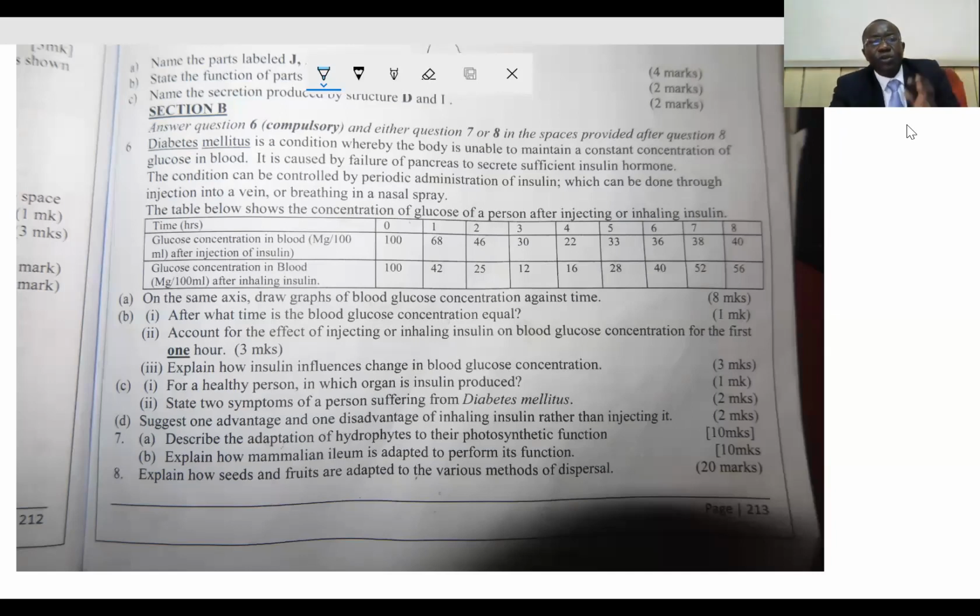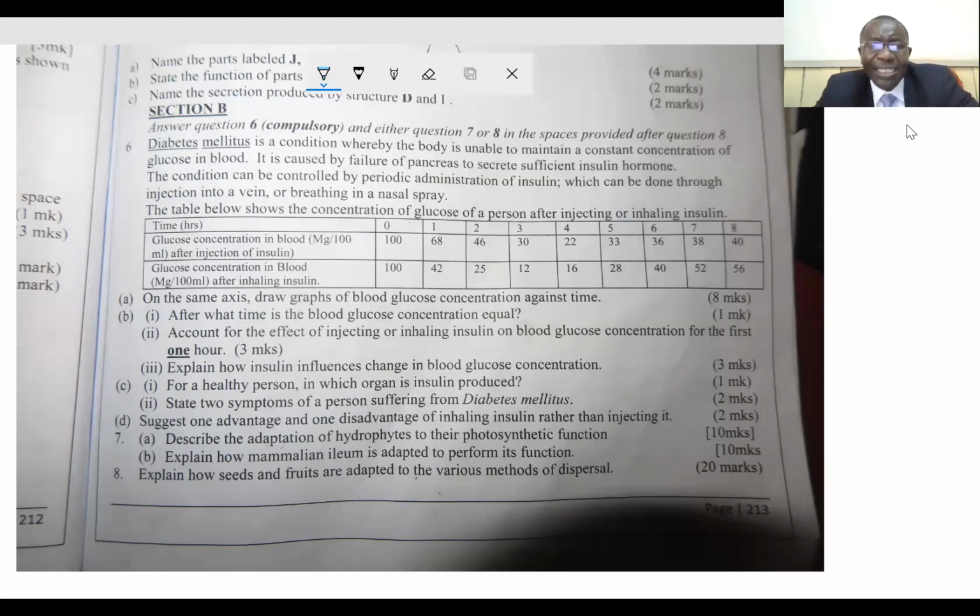A candidate should now draw the axes. I would draw glucose on the y-axis. On the x-axis, I would draw time. And remember, if you check that particular table, time is given in hours, so I will put hours in brackets.